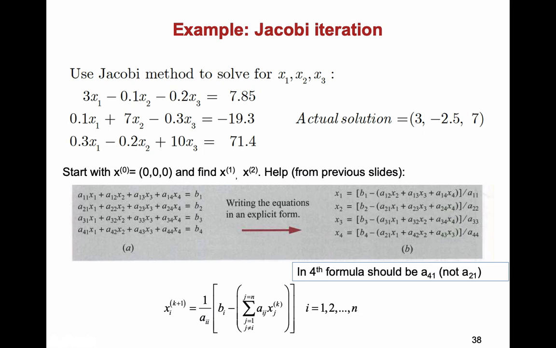But if you don't know, it can work. Then you compute this right-hand side using that old guess, and you compute the new version of your x's, all of them. In this case I have 4 of them. In the general case, I have an entire vector of them, n of them.